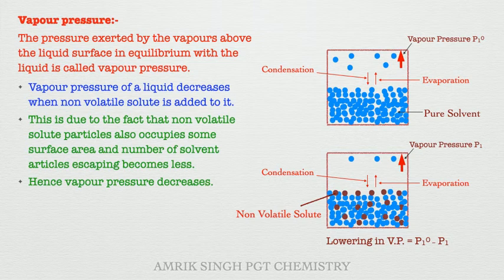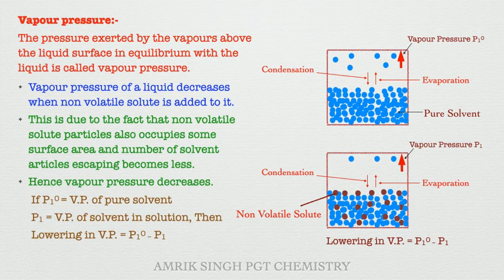The reason is that the non-volatile solute particles also occupy some surface area and the number of solvent particles escaping becomes less, hence vapor pressure decreases. P naught 1 is the vapor pressure of the pure solvent, P1 is the vapor pressure of the solvent in solution, then the lowering will be P naught 1 minus P1, as we already saw with the help of the animation and this theory.